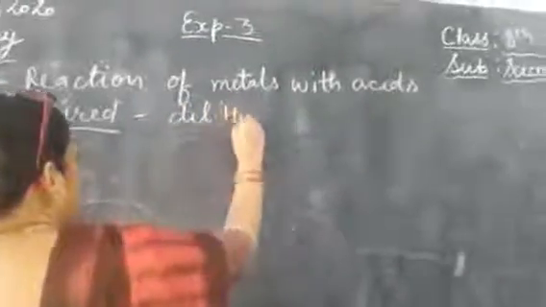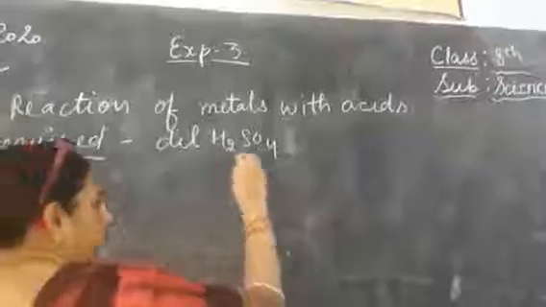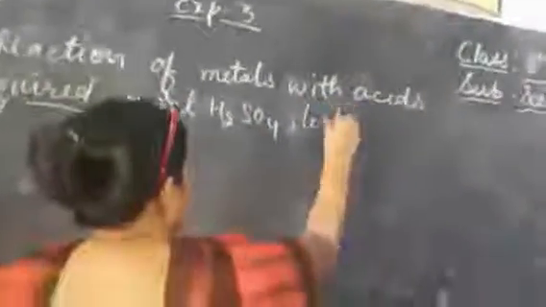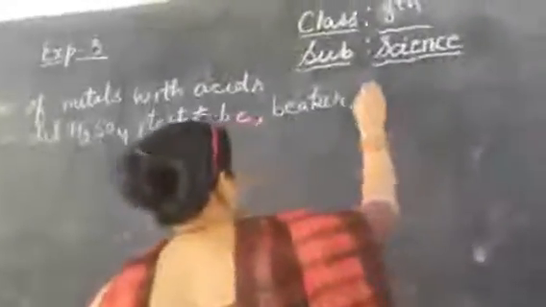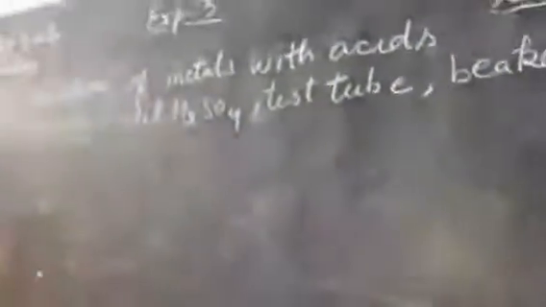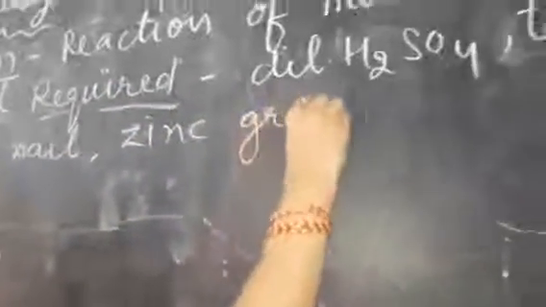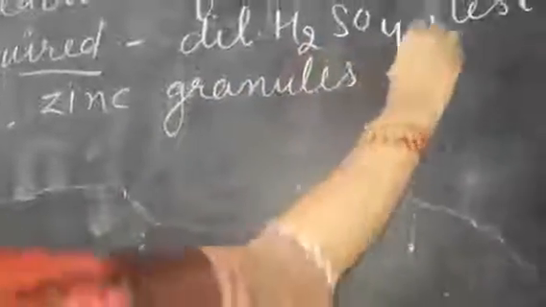Dilute H2SO4, which is an acid, H2O, beaker, glass rod, iron nail, zinc granules, etc.